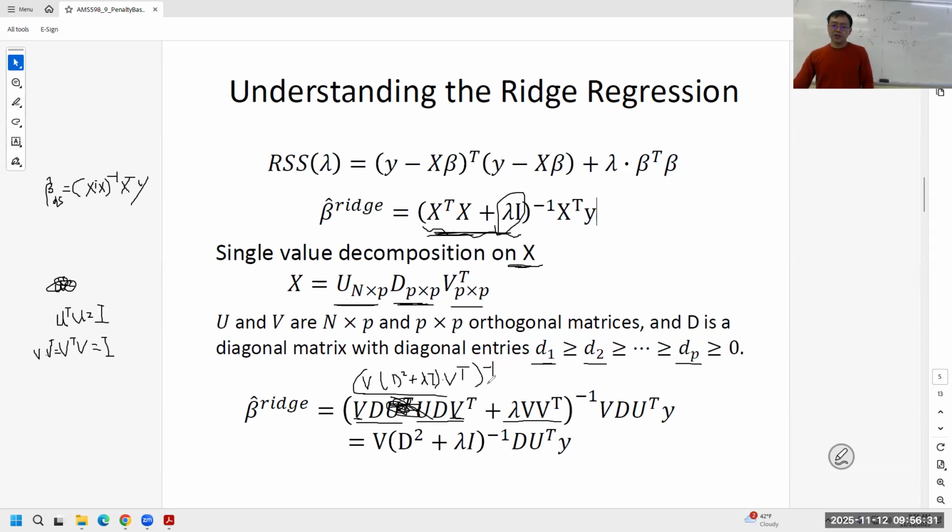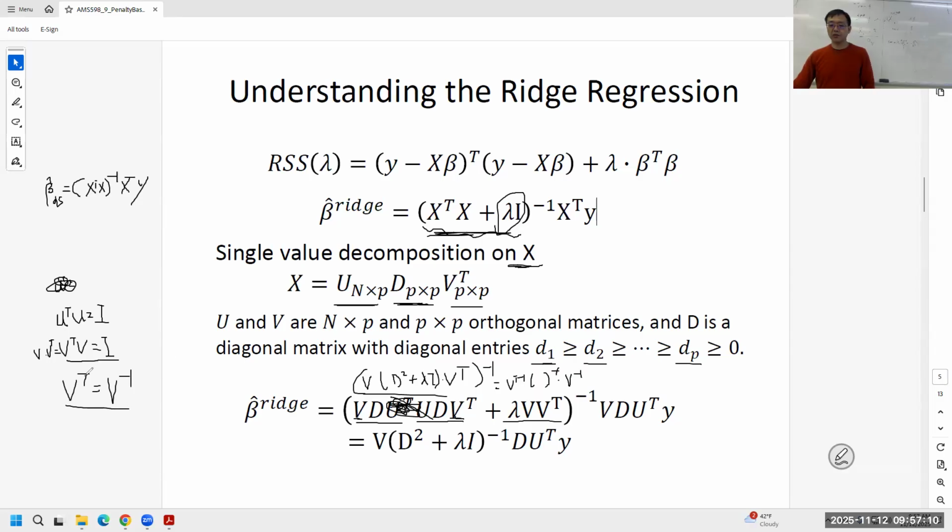Now this inverse becomes V transpose inverse times the middle part, D squared plus lambda I inverse, times V inverse, because V is a square matrix. Remember, V is a square matrix and orthogonal, so V transpose V equals I, therefore V transpose is equal to V inverse, right?